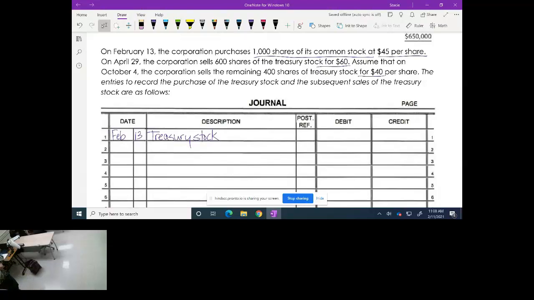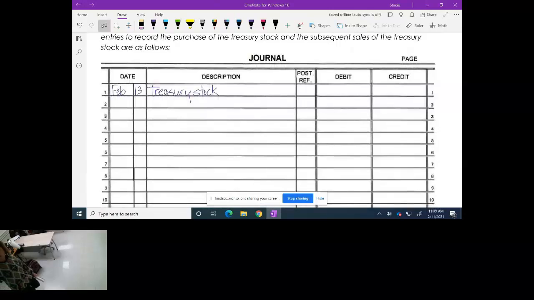And I was telling the class before I hit record that they have to pay the same price as anybody else would to buy these shares back. So $45 is what the market price was the day they repurchased their shares. And then they resell 600 on April 29th, and October 4th, they resell 400. So we'll look at the entries required to record all this.